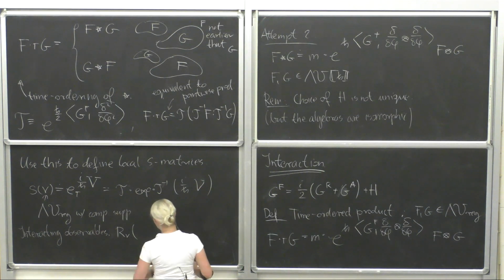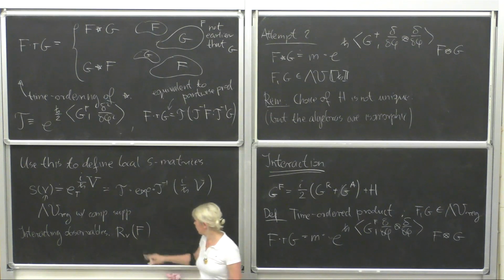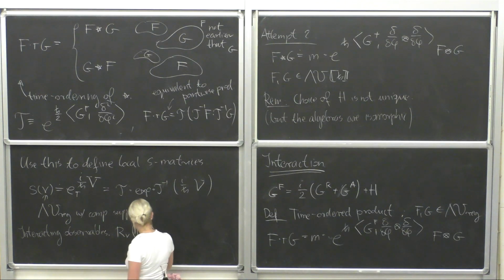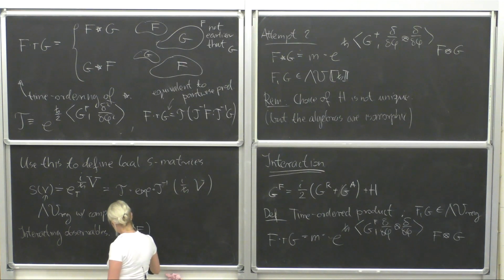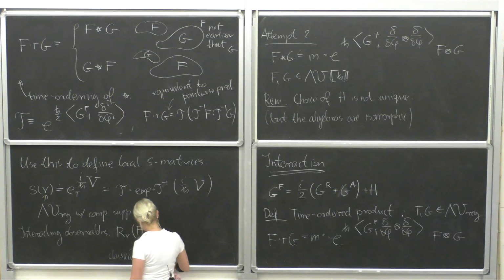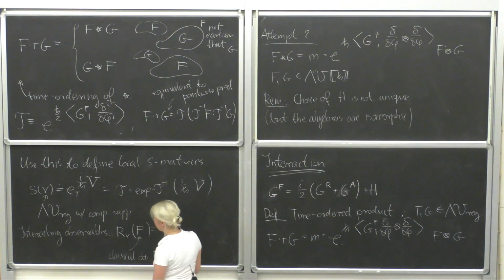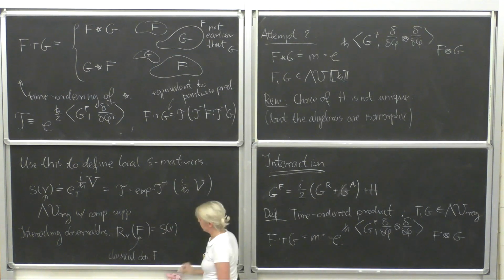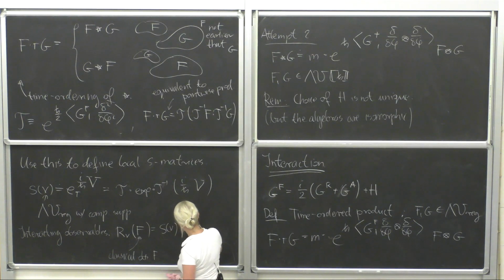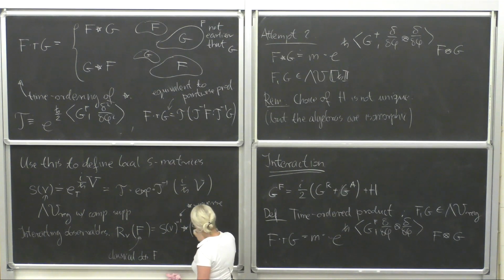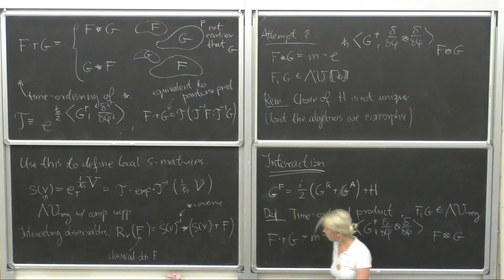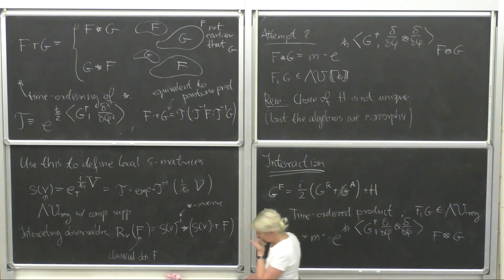So there is a map R_V acting on a classical observable F. Okay, so this is given by S of V, and here inverse with respect to the star product, so this is star inverse, times S of V time-ordered F. This, people might recognize, is the Bogolyubov formula.